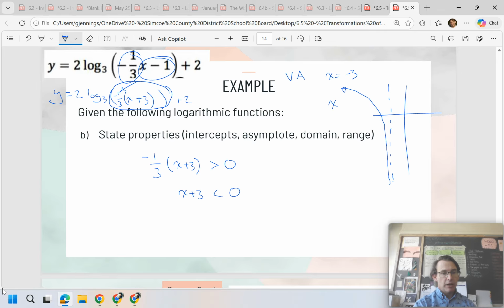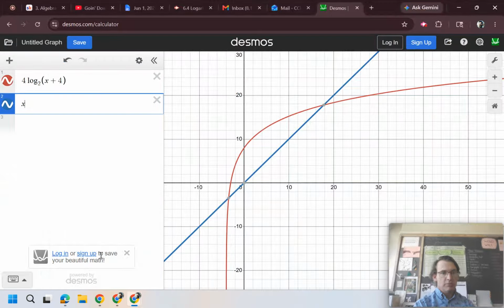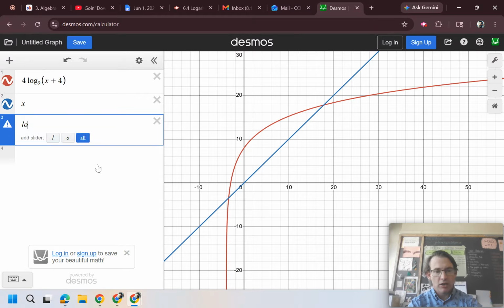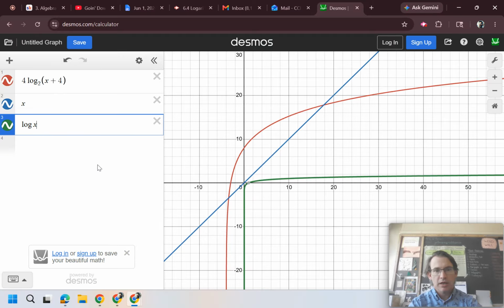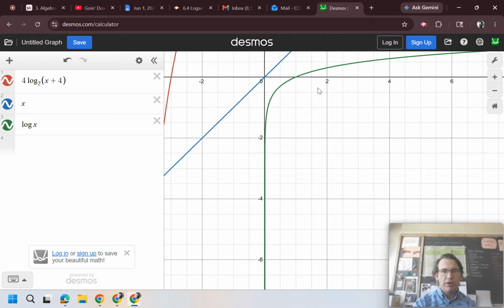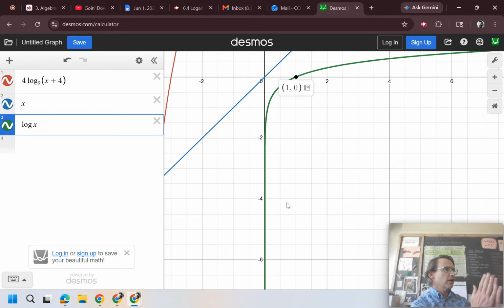So if we look in Desmos, when I say log of x there, this is just our parent function, our log base 10, and it's asymptotic. It starts there and goes positive. But also exponent laws wise, if I have 10 raised to the power something, which is the output of the logarithm, that something can be positive or negative.